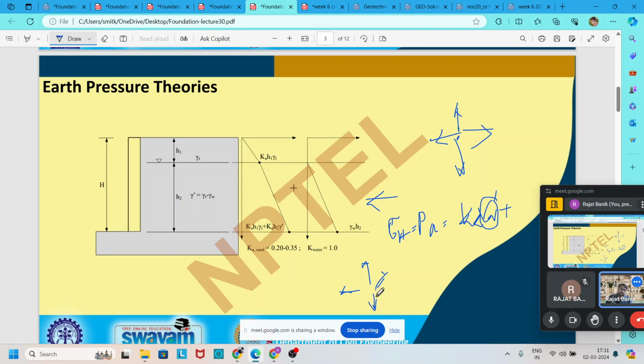So we add the water pressure also to our formula. Then we see that from here to here there is no water table.